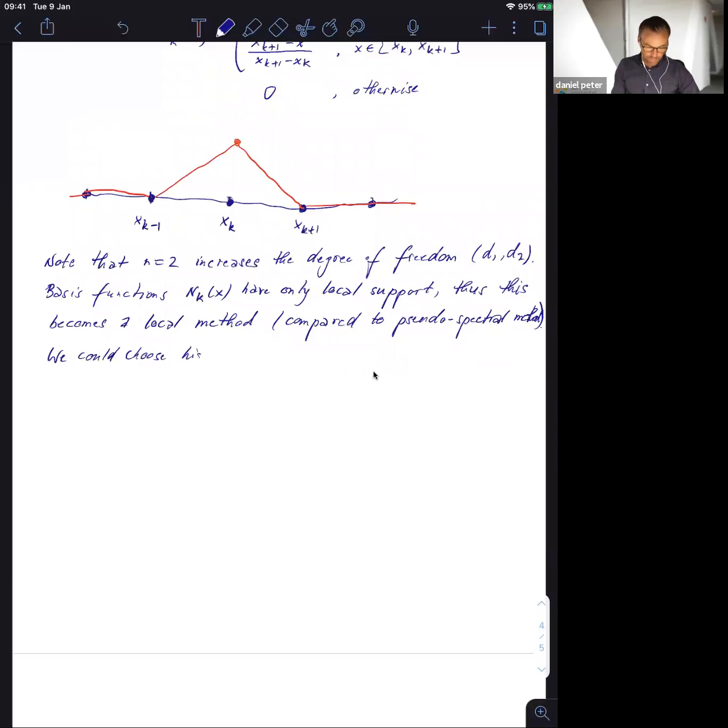So we could choose higher order shape functions, for example polynomials, etc. And this would lead to a higher order finite element scheme then.